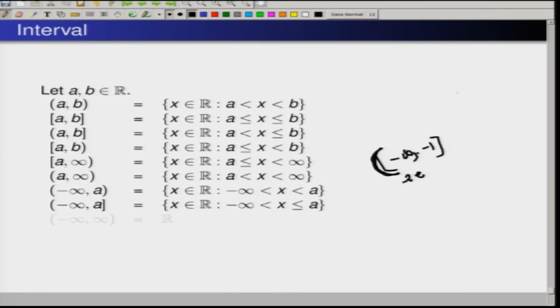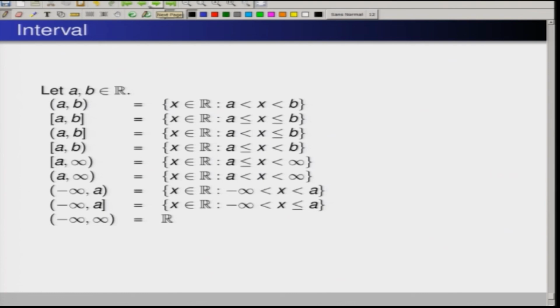But what can you say about minus half? Minus half does not belong to this set, 0 does not belong to this set. Anything lying on the right hand side of A is not part of this interval. And the interval from minus infinity to infinity is all the real numbers, which we are also going to call an interval.